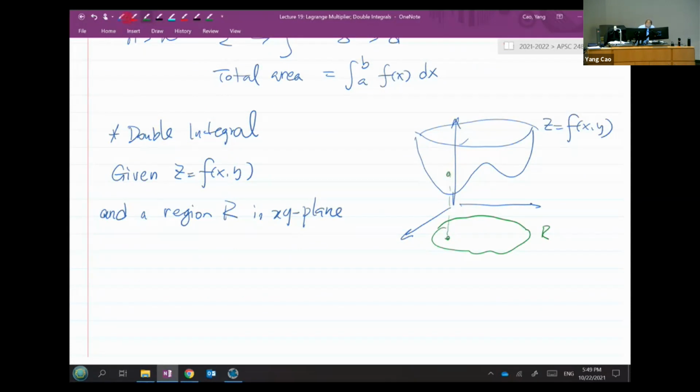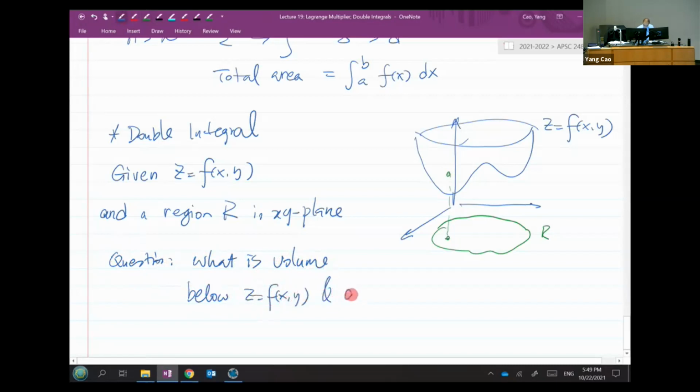So here's a question. What is the volume below z equal to f of x, y and above region R?